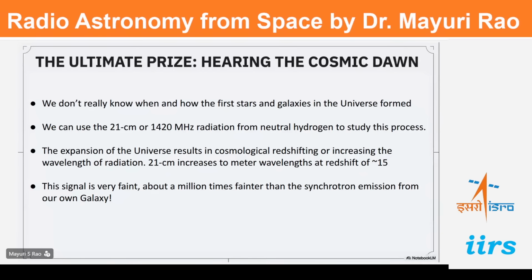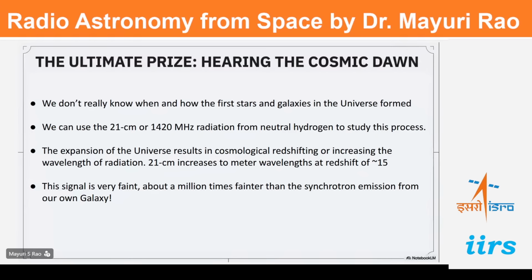We think from various other models that the first stars and galaxies should have formed at a redshift of 15, which corresponds to the age of the universe when it is, I don't know, a few 100 million years old, which is very, very young.